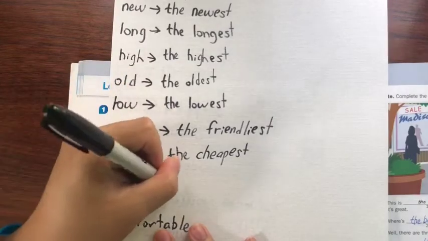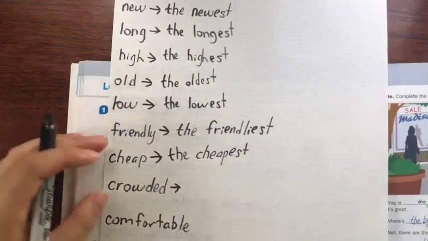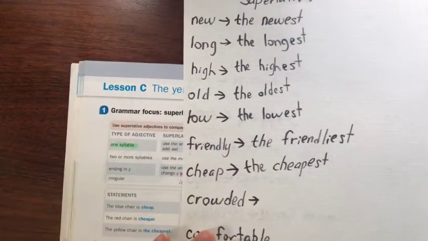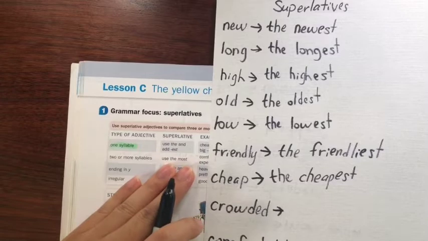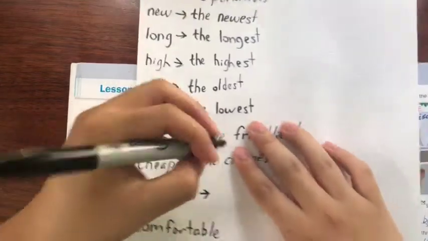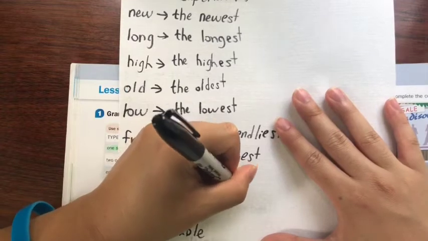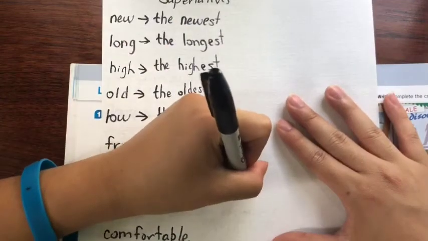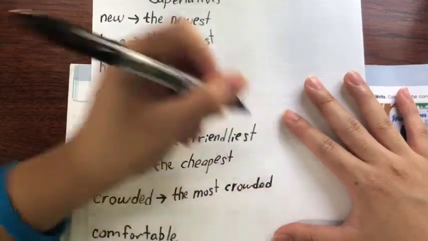Crowded. Crowded has 2 syllables. So for adjectives with 2 or more syllables, we say the most. The most crowded.